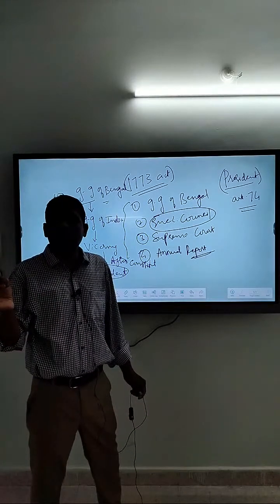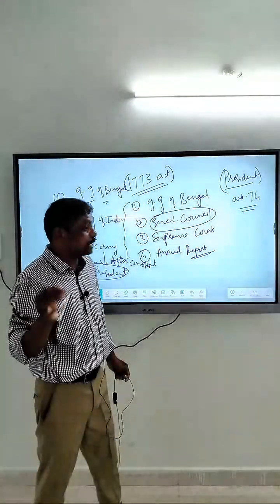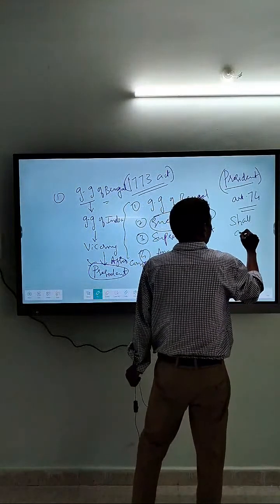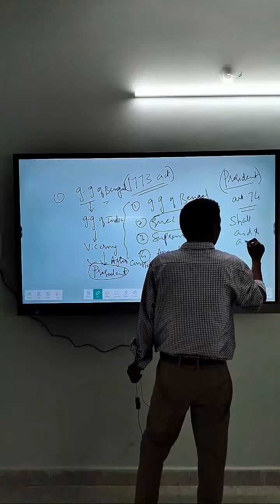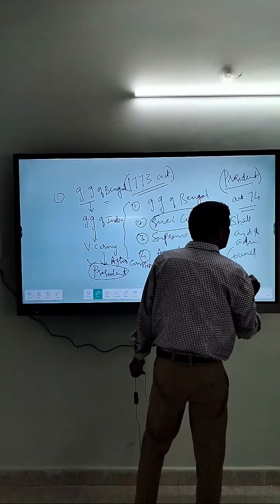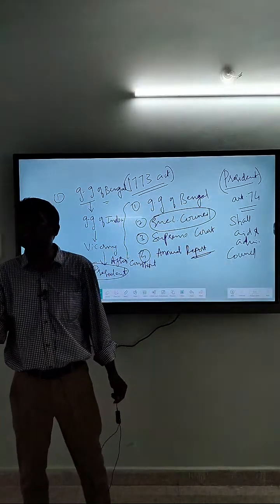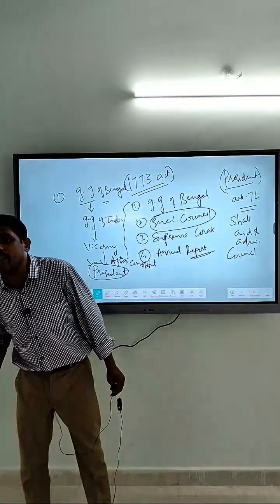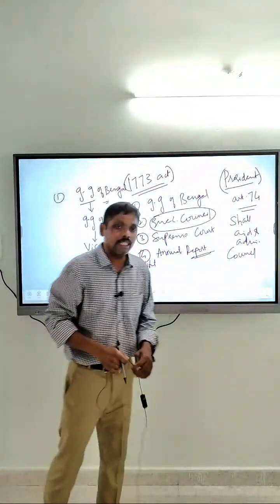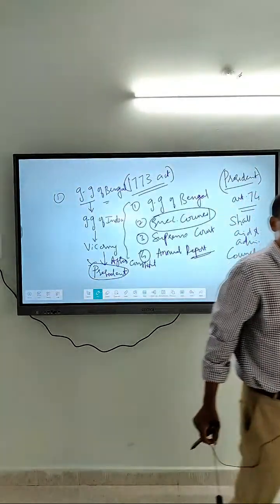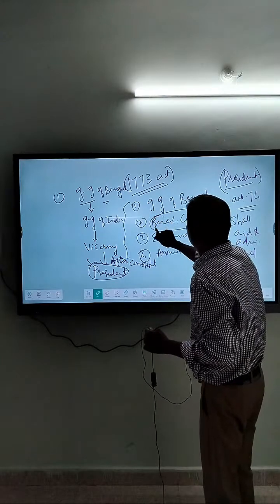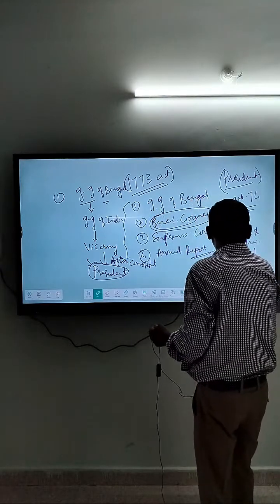Article 74 says that President shall act on the aid and advice of Council of Ministers. That means there is an institution called Council of Ministers. This Council of Ministers is headed by whom? Prime Minister. Alright. So here there is an Executive Council to assist Governor General, and here it is Council of Ministers.